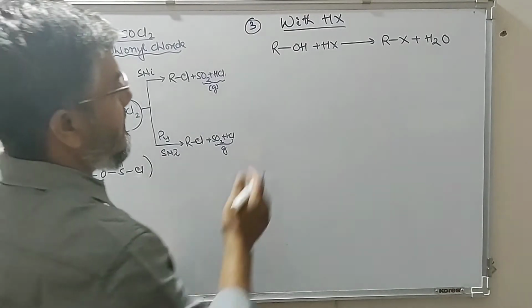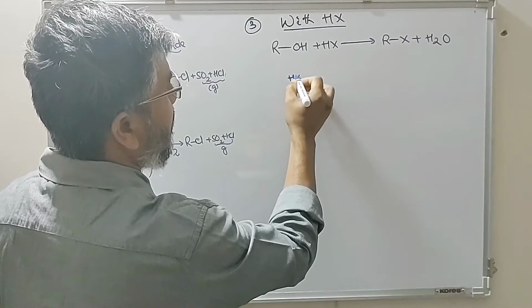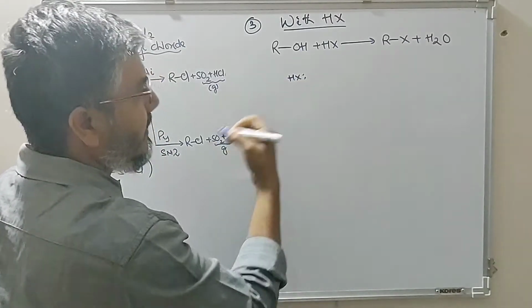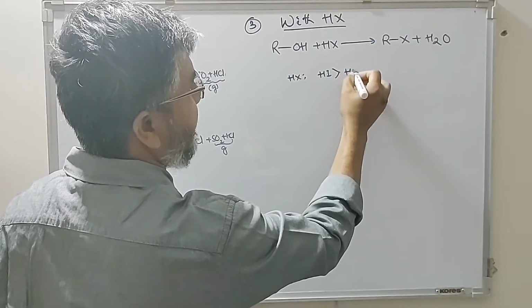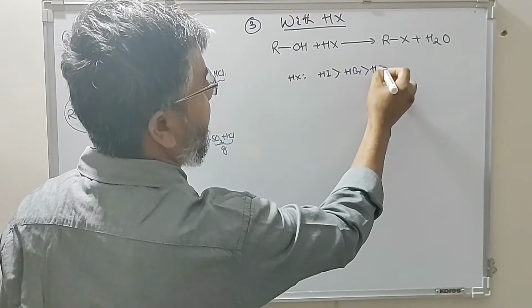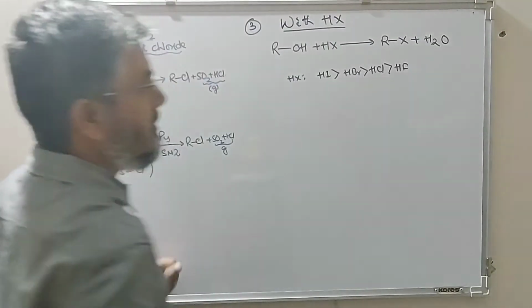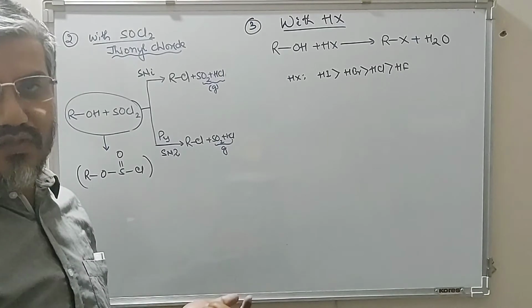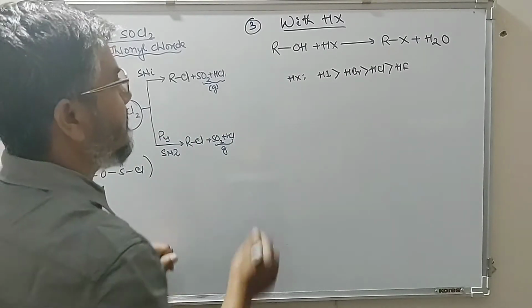Now for this, look at this. The reactivity order of hydrohalic acids: HI is the most reactive, followed by HBr, followed by HCl, followed by HF. This is simply the acidic order. The reactivity order parallels the acidic order.